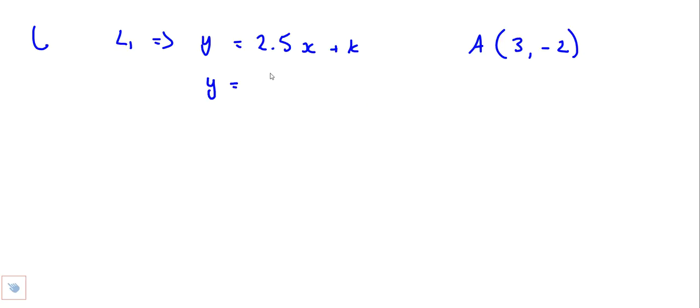So we've got y equals, now 2.5 is 5 over 2, so we've got 5 over 2x plus k. Are you okay with how I got 5 over 2?